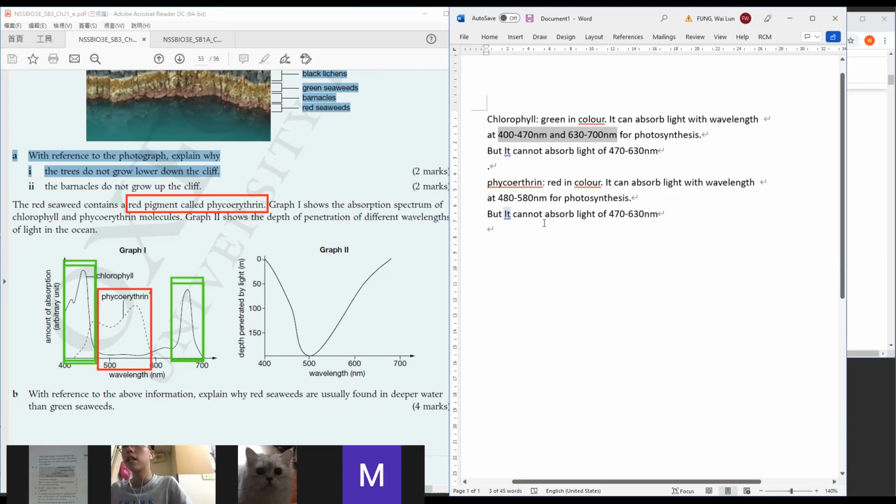But then it cannot absorb light at other ranges. For example, it cannot receive the light at around 450 and beyond 600.